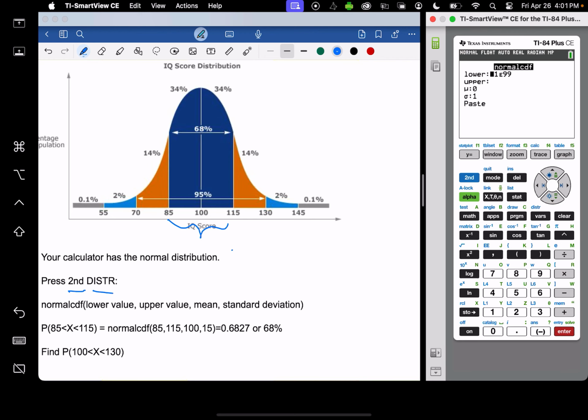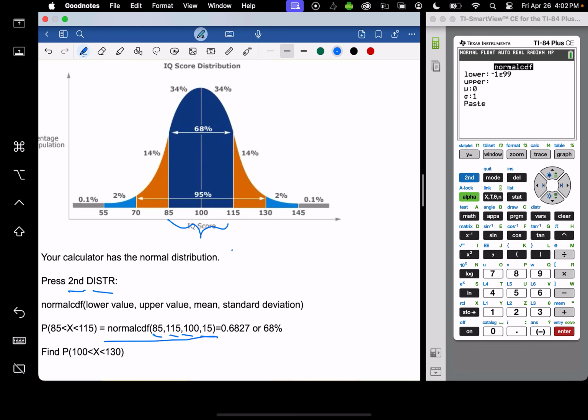And then there are 4 inputs. Depending on your calculator, this particular one has me put the 4 inputs up here: lower, upper, mu, sigma. My actual TI-84 is not a TI-84 Plus, so it's a little bit more low-tech, and it shows this.